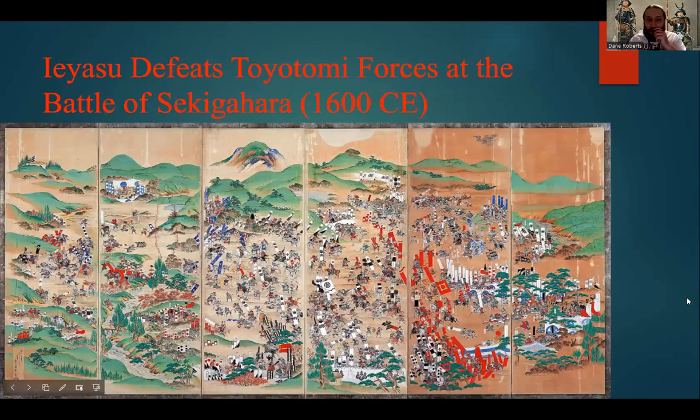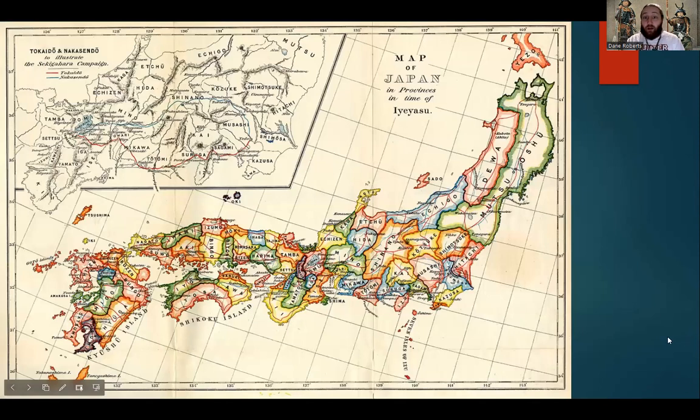However, eventually, Tokugawa Ieyasu, with his forces, including Date Masamune and other key daimyo and military figures, would meet Ishida Mitsunari and Toyotomi Hideyori and their army at the Battle of Sekigahara, defeating the Toyotomi forces and seizing Japan for themselves, with Tokugawa Ieyasu establishing the Tokugawa shogunate.